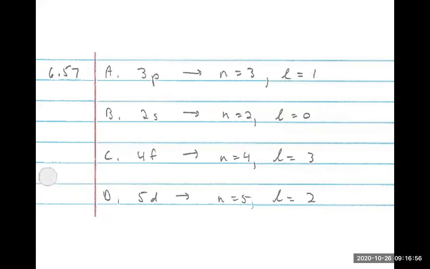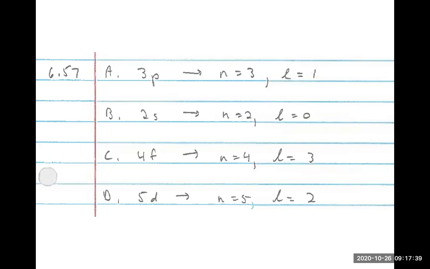So for 3p, we know that the principal quantum number is 3 because of the number 3 there. And remember, with the L's, while they have a number, we don't use the number when we talk about them. We use S, P, D, F. For L equals 0, that's S. But L equals 1, that's P. So we know that 3P means the N quantum number was 3 and the L quantum number was 1.